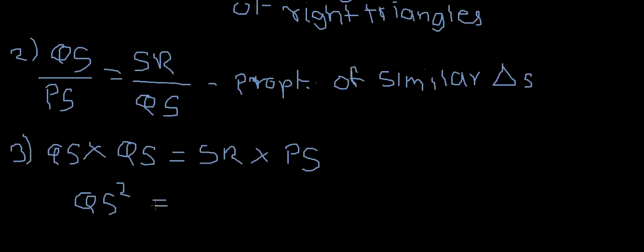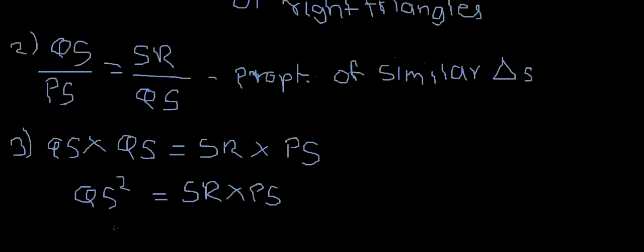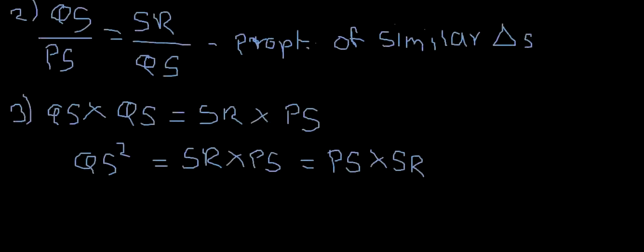So QS square is equal to SR into PS. Now let's check which statement we have to prove. We have to prove QS square is equal to PS into SR, and we have got the same, QS square is equal to SR into PS. That is nothing but PS into SR, by the property of multiplication. So we have finally proved the statement that QS square is equal to PS into SR.